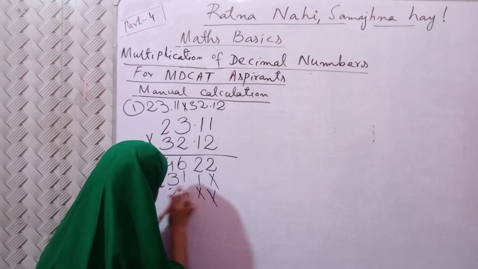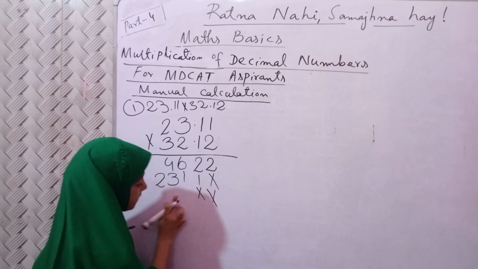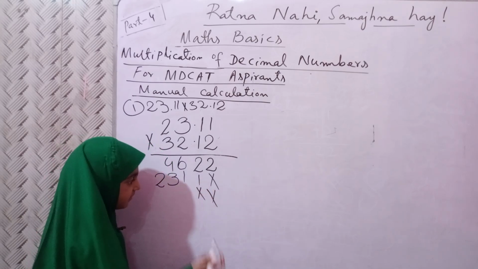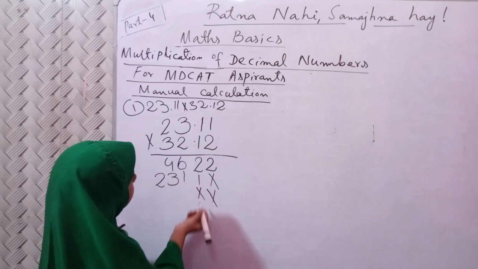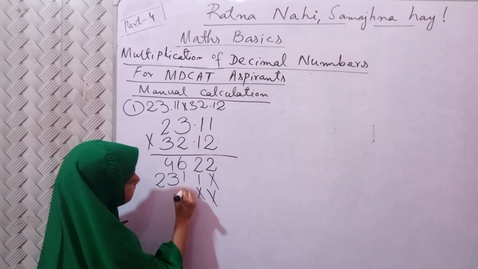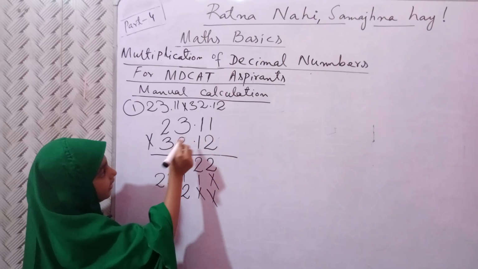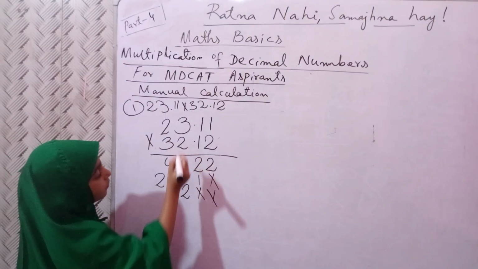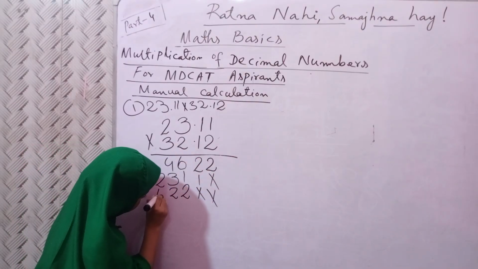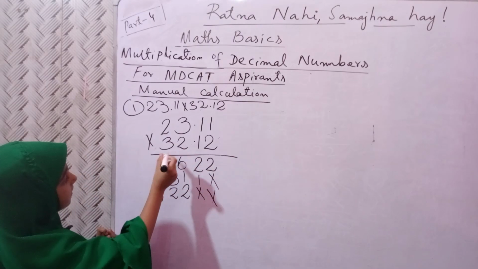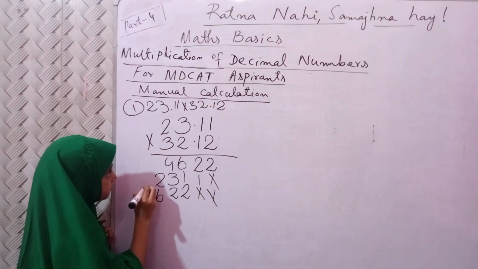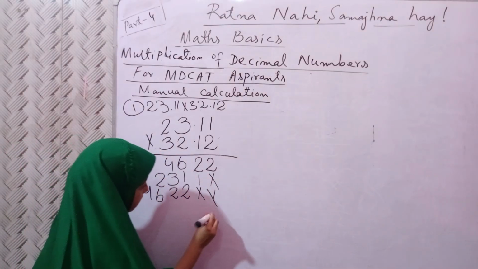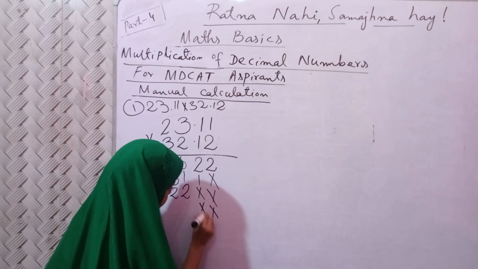Sorry, I write 3 dash 2. Now 2 ones are 2 and 2 ones are 2. Now 2 threes are 6 and 2 twos are 4. Now 3 times of multiply sign.